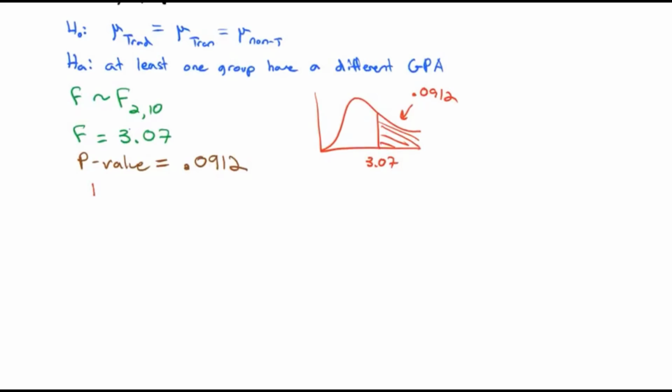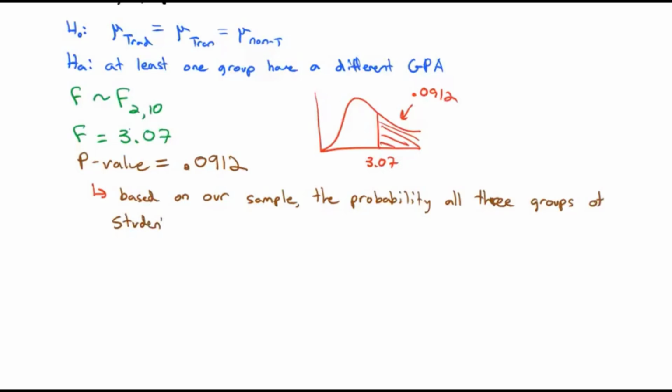Now, speaking of the p-value, what that p-value means is, based on our sample, the probability all three groups of students have the same mean GPA in the junior year is 9.12%.